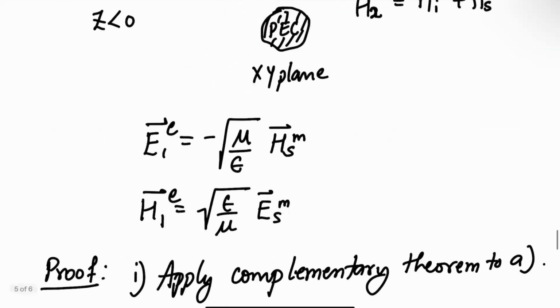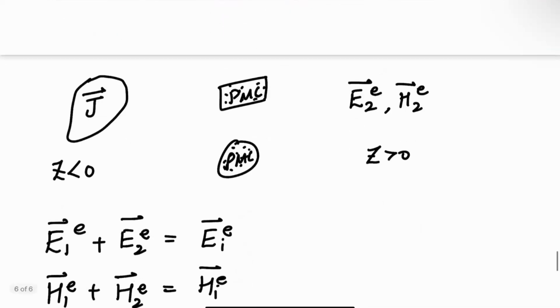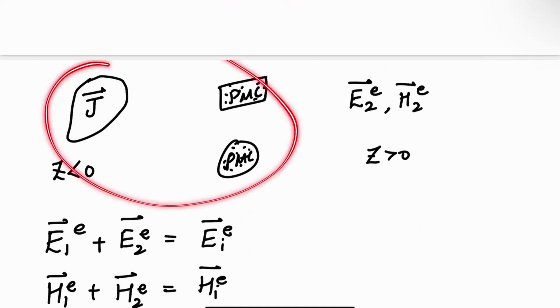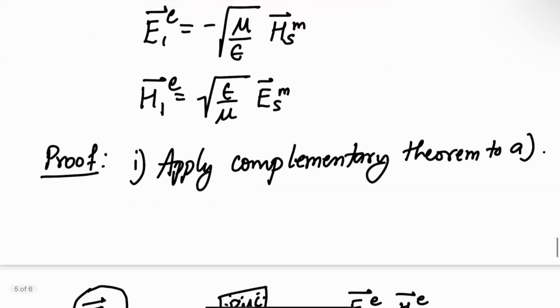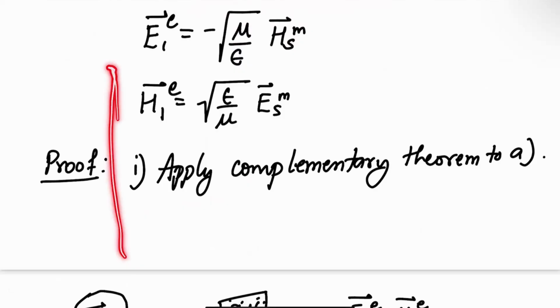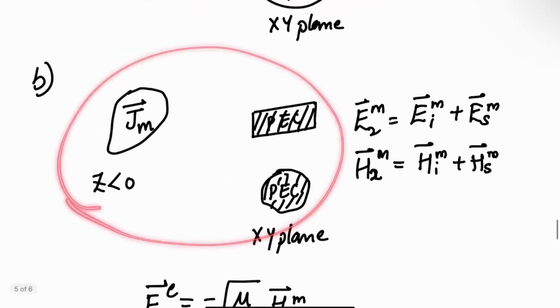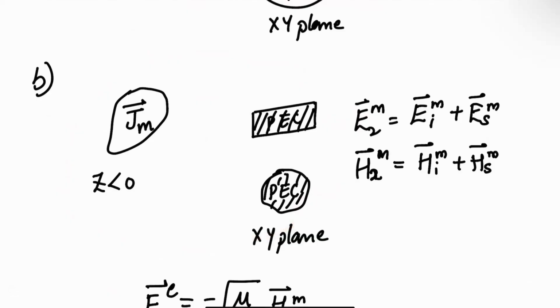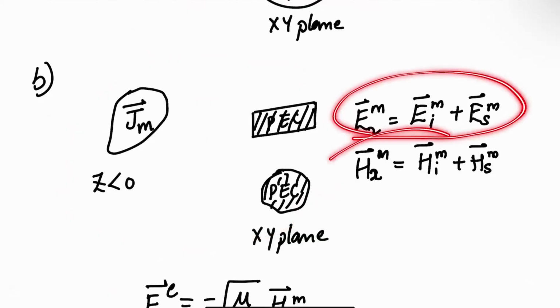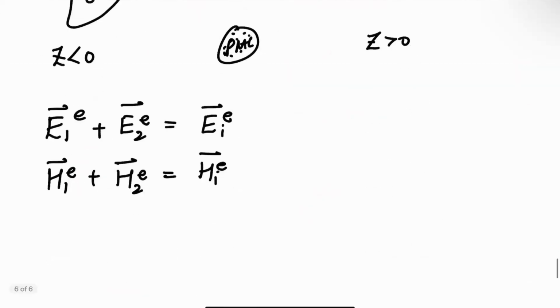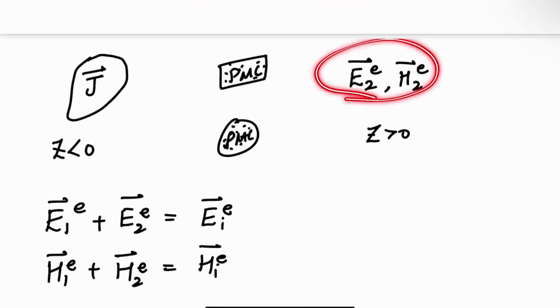If you go back here, we said that if you apply duality, this would become exactly equal to case B. Which means that this field solution is exactly the dual of this field solution. And that's what duality means.